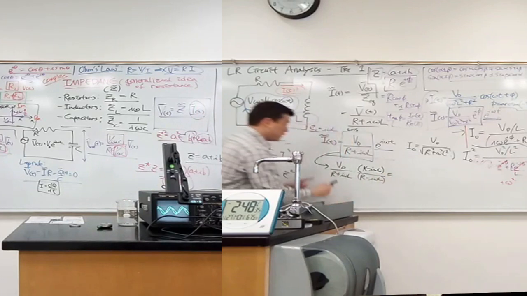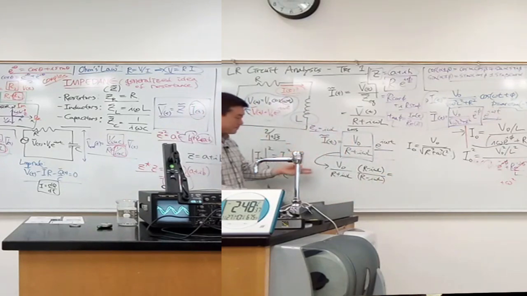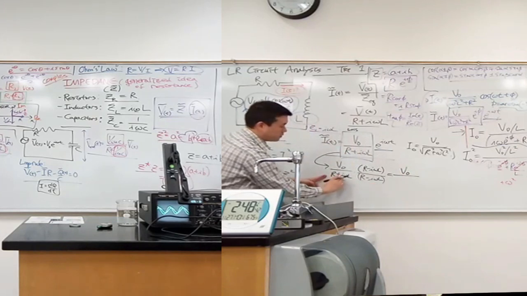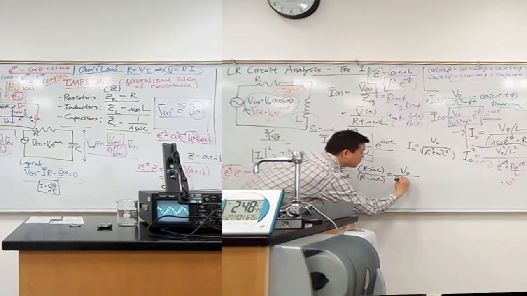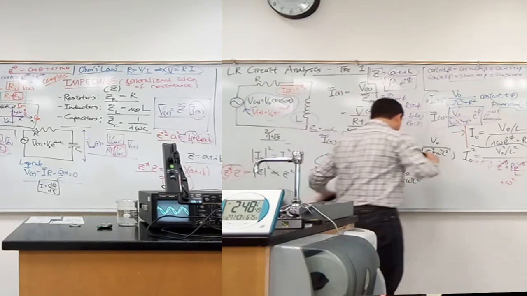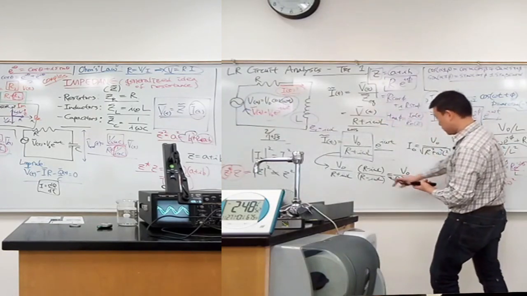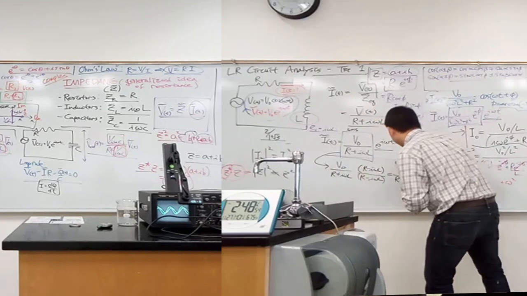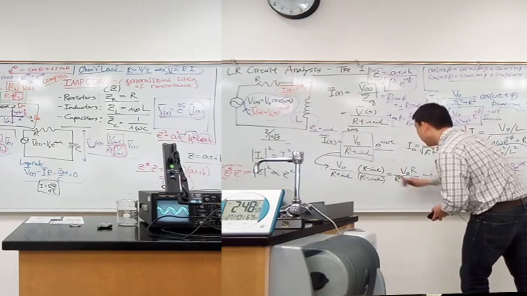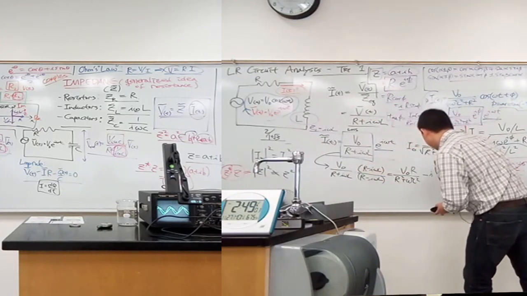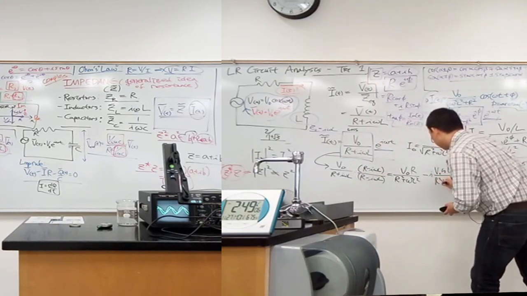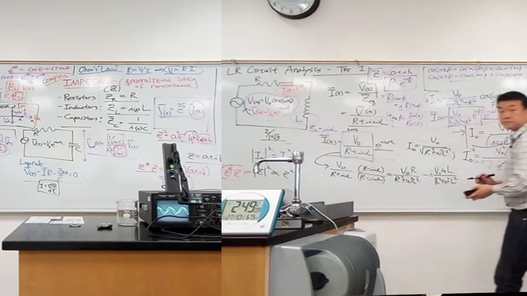So this will become the same thing you've seen multiple times by now: V naught over R squared plus omega squared L squared, times this. So let me write it out in one step. The real part is V naught times R, and the imaginary part is minus i V naught omega L, over R squared plus omega squared L squared.